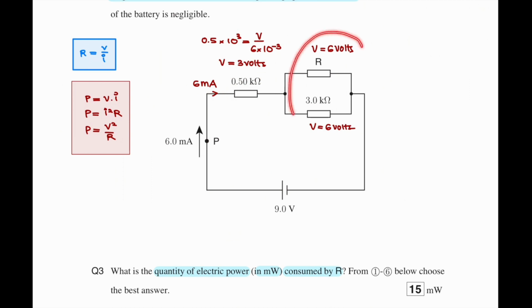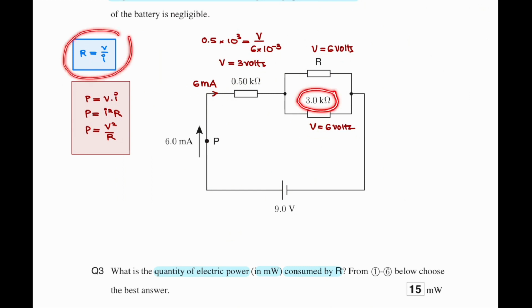Since it is parallel connections, the PD or the voltage must be equal. And then, since I know the PD in this resistor is 6 volts, and I know the resistance, I can find the current that flows into this resistance.